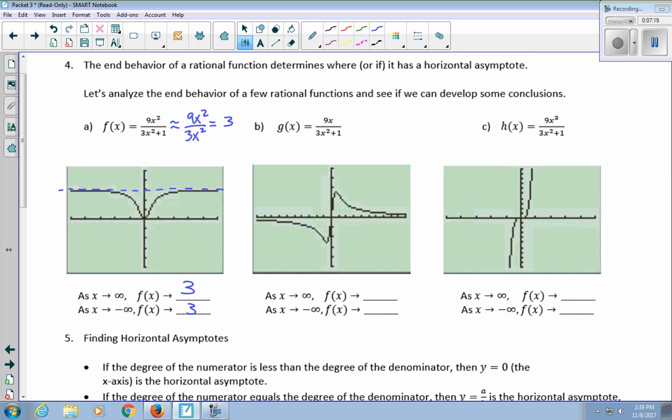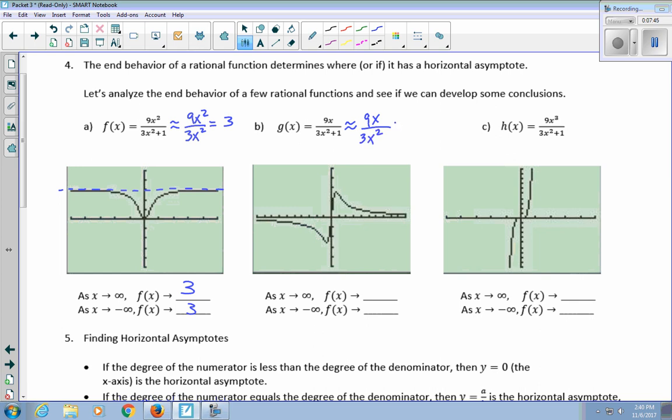In part B, g of x is 9x over 3x squared plus 1. Again, pretend we're talking dollars. You're going to plug a million in for x. So 3 times a million squared plus 1, that one measly dollar could easily get lost. It's so small in comparison to everything else that when x is really big, this is approximately equal to 9x over 3x squared.